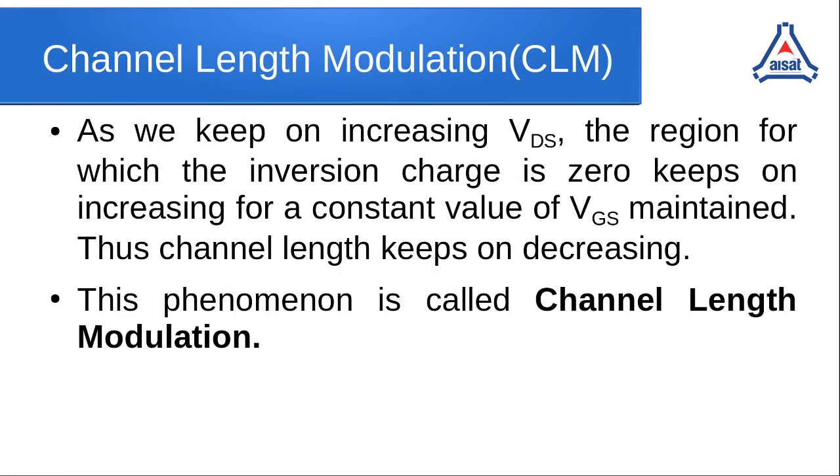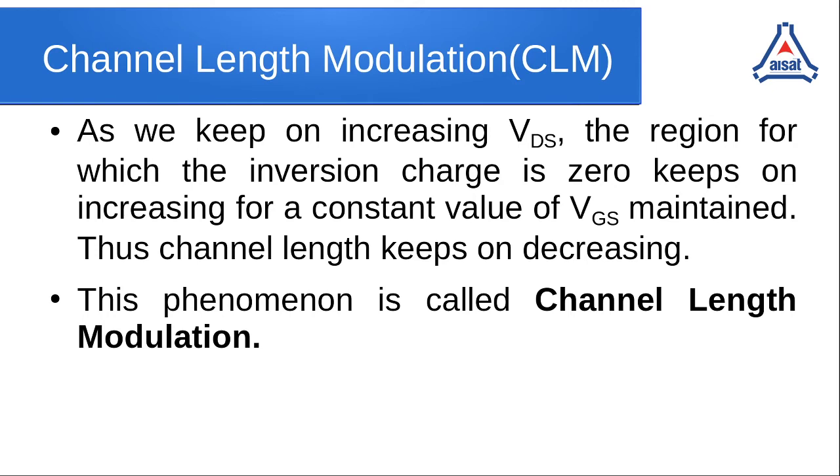The first effect is the channel length modulation. As we keep on increasing VDS, which is the drain to source voltage, as you all know, we want the MOSFET current ID controlled by VGS alone. That is our ideal requirement.